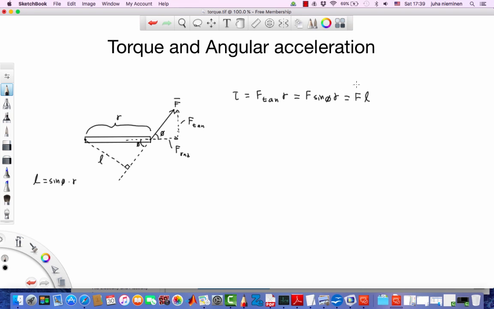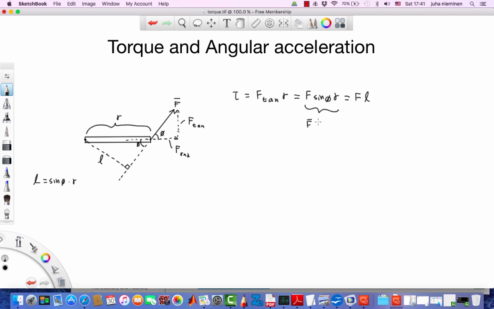And these are the various forms one can use for calculating the torque about some pivot point. There is one more, however, and in fact it's the most important, the most formal one. If you look at this form, F r times sine phi, where phi is the angle between the two, this is in fact, if you remember from vector calculus, the cross product of these two vectors.